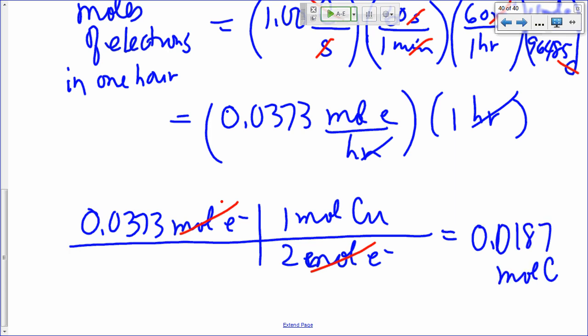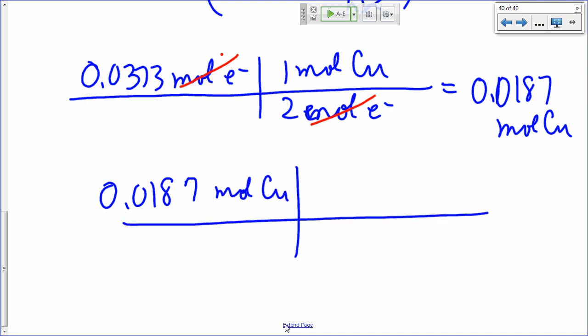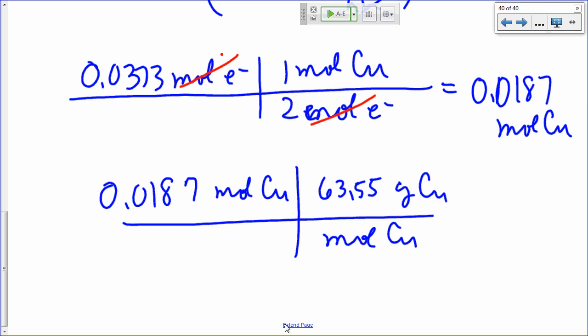moles of copper. And how many grams is that? What's the molar mass of copper? 63.55 grams per mole of copper. Cancel it out.